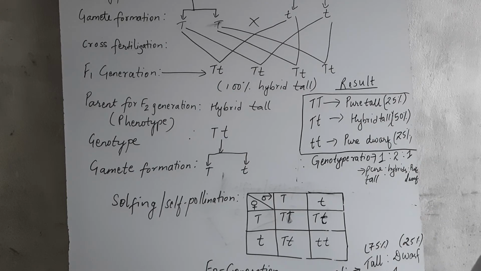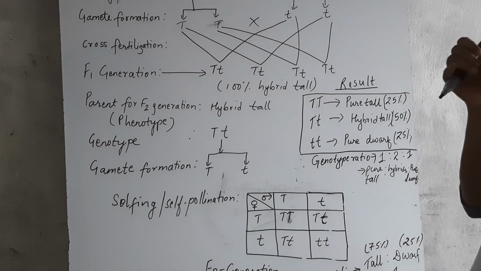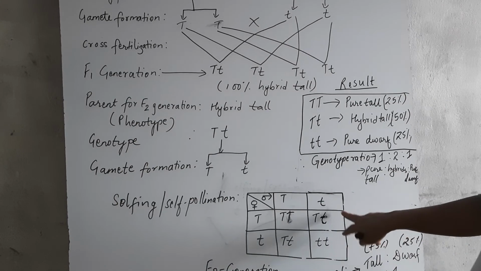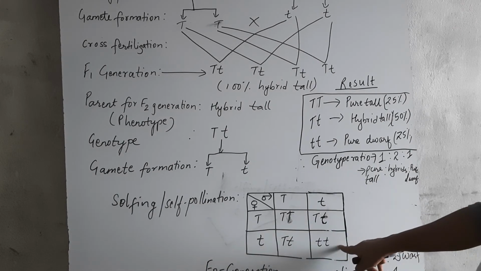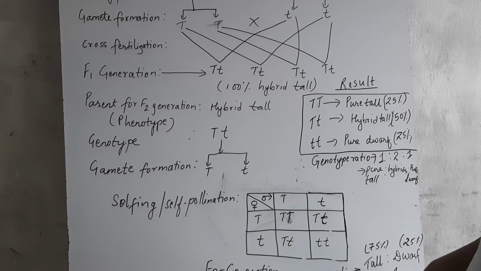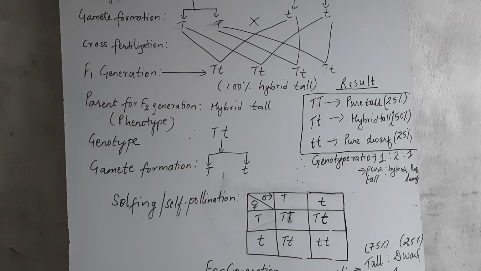Thomas Hunt Morgan performed the same experiment of Mendel in another organism, Drosophila, the fruit fly, and whatever result he obtained while making the cross between Drosophila having long wings and short wings totally matched the result obtained by Mendel. So other biologists supported Mendel, and Mendel was honored with the title of father of genetics only after his death.